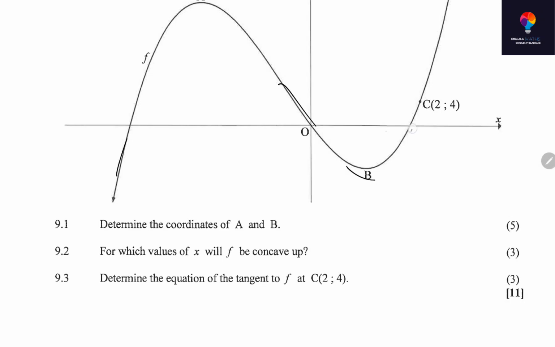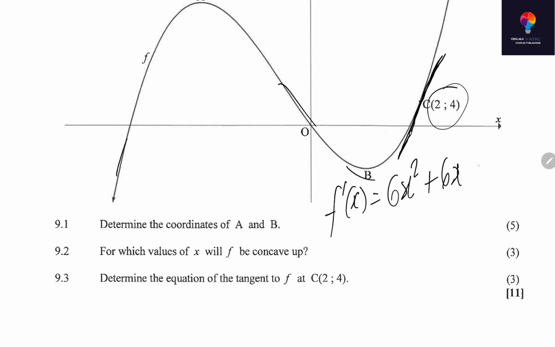So now in this case, there is a line that goes there, but it touches at one point which is 2 and 4. So we must get the equation. We know the gradient is the derivative, 6x squared plus 6x minus 12. That's what we know.